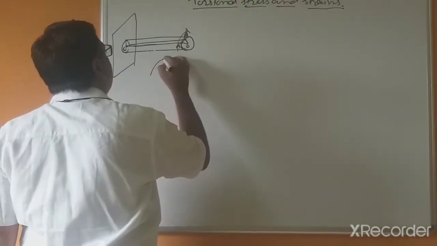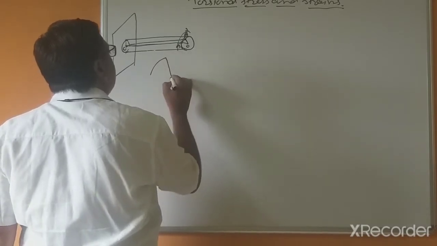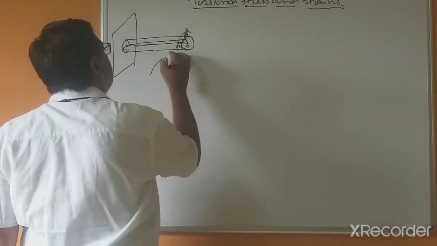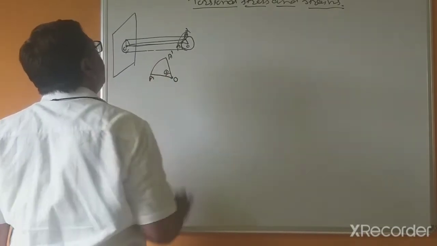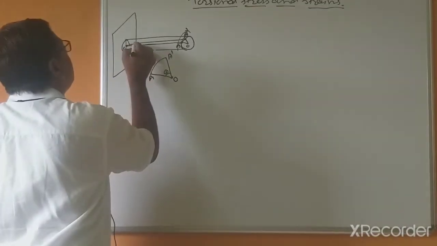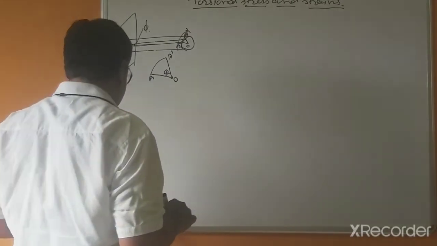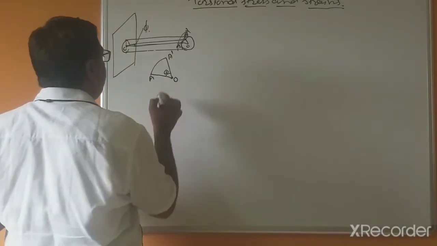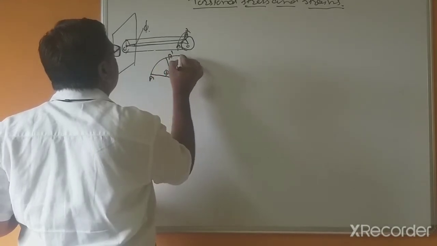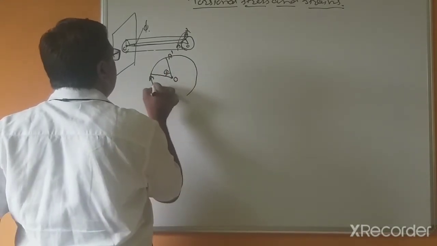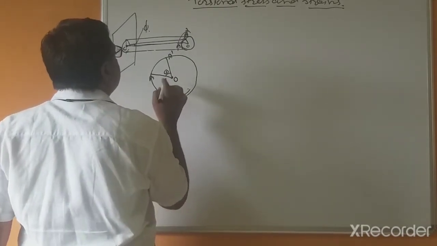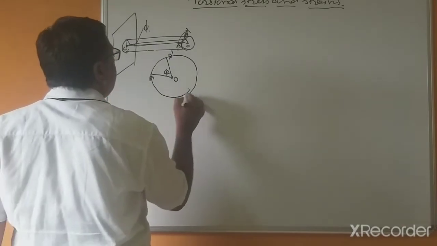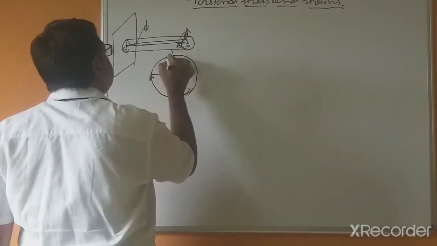Here this is A dash, this is A, this angle is theta and this angle is phi. This is for understanding purposes.